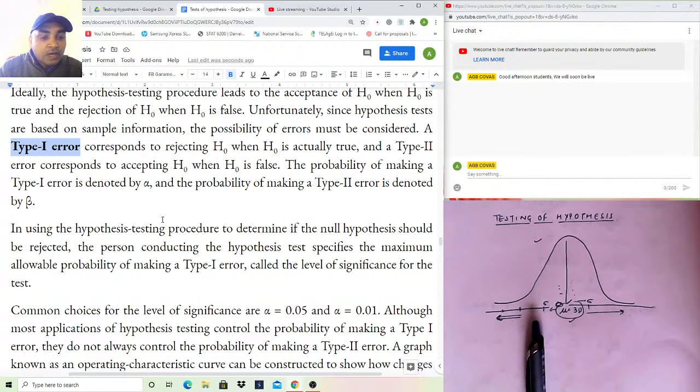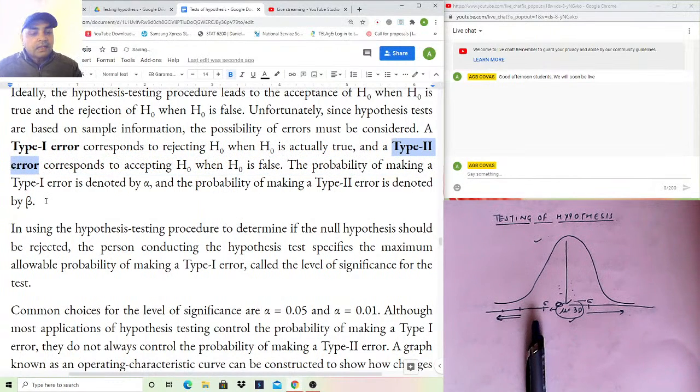So you are going to accept your null hypothesis. When your null hypothesis is actually false, but after conducting your sampling and test you accept it, that type of error is known as type 2 error. These type 1 and type 2 errors are generally asked in your question paper.